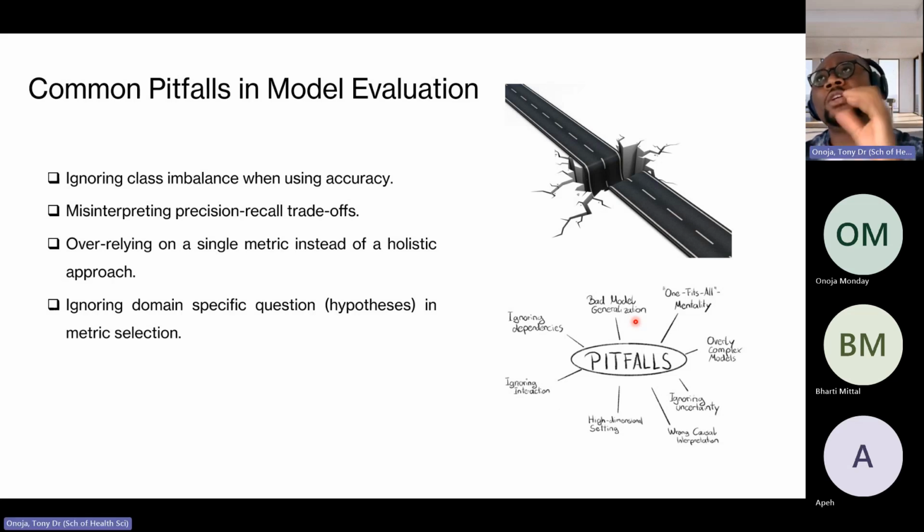However, we must be mindful of distribution shift, because, like I told you about my work in my PhD earlier, I had that problem because there was a distribution shift. So most of the time, make sure you take these things into account when you have a new data set to validate your model.